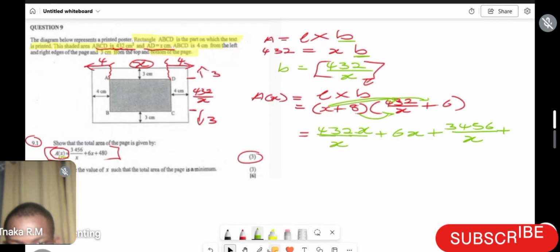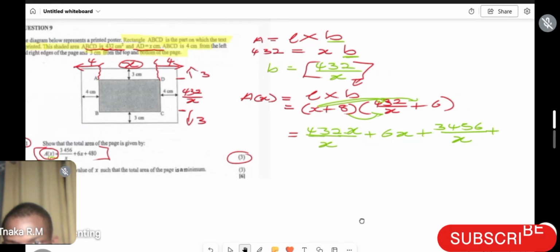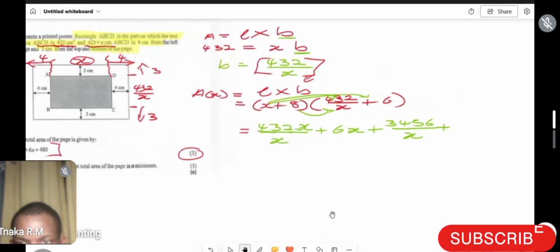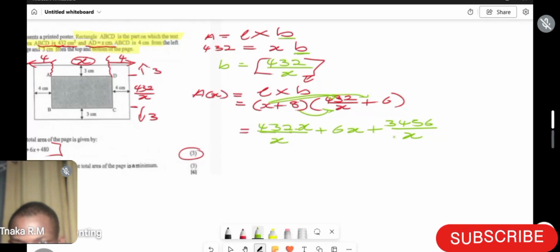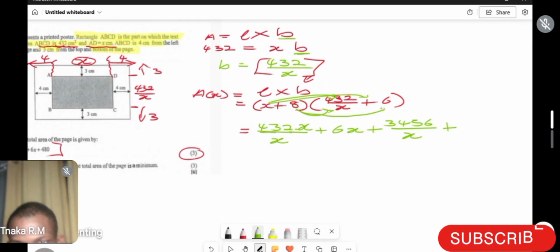When you multiply that, we get 3456. Also we now need to do the 8 times 6 part, which will give us 48.